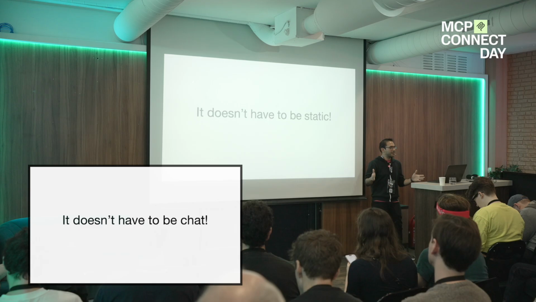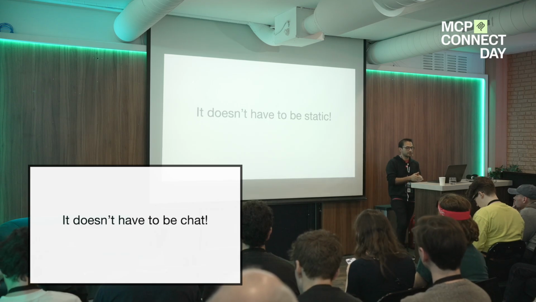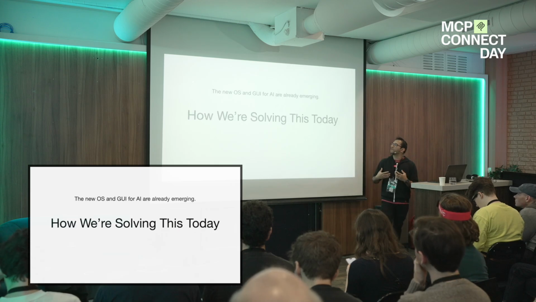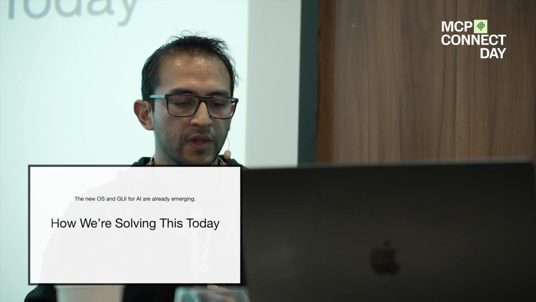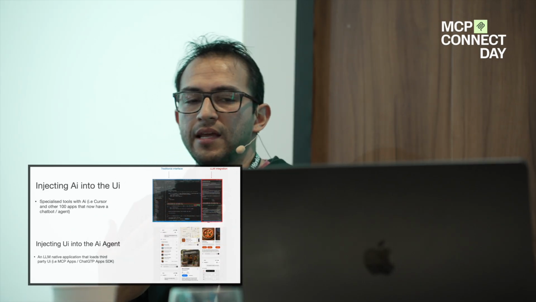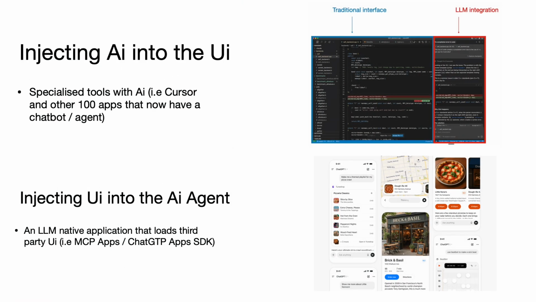So we are not there yet, but I want to show you what we're doing today and how we're solving this today. Patterns are already emerging in terms of how we're solving the problem with UI. And these patterns are mainly injecting AI into existing user interfaces. It looks old now, but when Cursor did this, it was quite revolutionary.